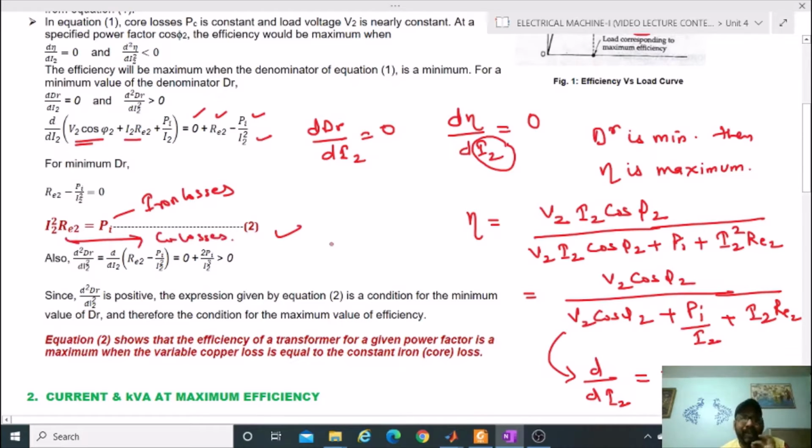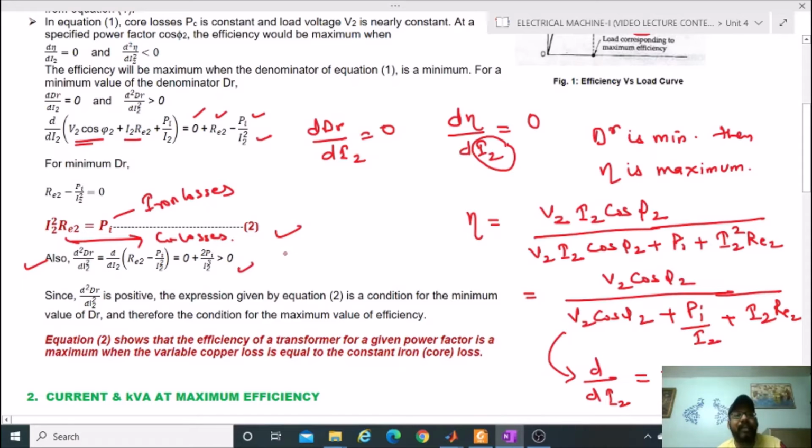So we can say that for maximum efficiency of a transformer, iron loss will be equal to the copper loss. And to check whether this condition is obtained for minimum, we will just double differentiate this equation and check if it is greater than 0.